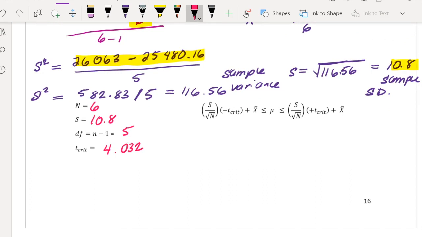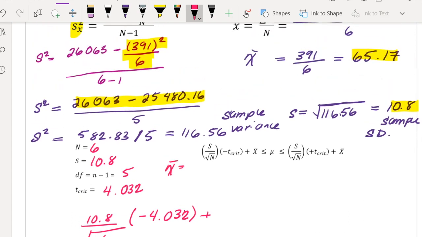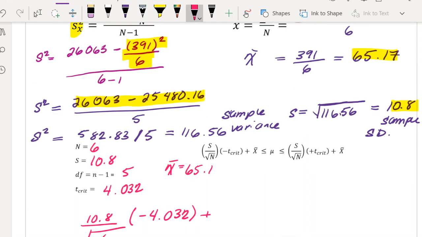Oh yeah, completely spaced out. Okay, so let's do this. 10.8 divided by the square root of 6 multiplied by negative 4.032 plus x bar. X bar is 65.17.